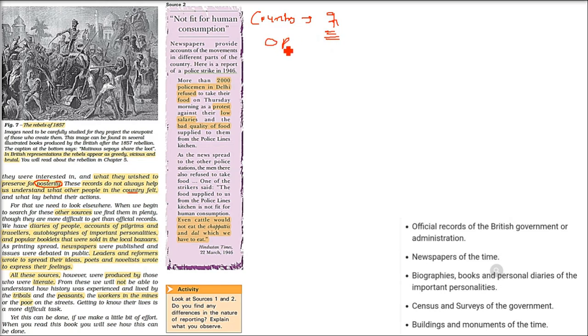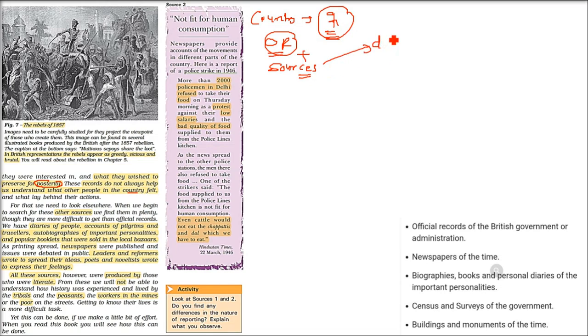I'm not saying we are not getting plenty of information from official records, but what about the normal people at this time? So we need to go for some other sources, other than official records, to know what was happening at that time. That is why we are talking about how, when and where.